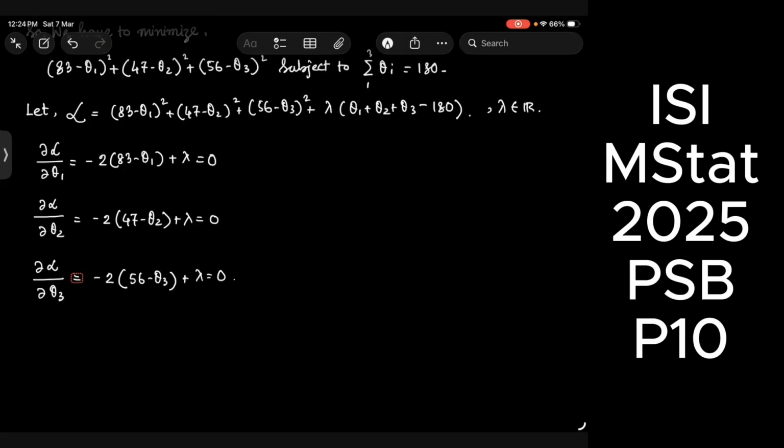I tried to make it to Lagrange multiplier form, so that I can apply Lagrange multipliers. I knew that somehow I have to apply Lagrange multiplier, but I couldn't get to the point, like L equals 83 minus theta 1 whole square, this line. So I couldn't do it fully.